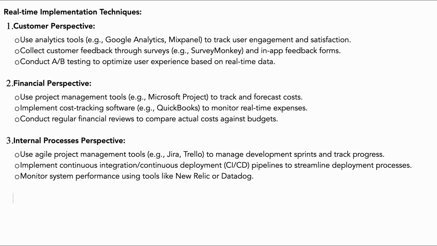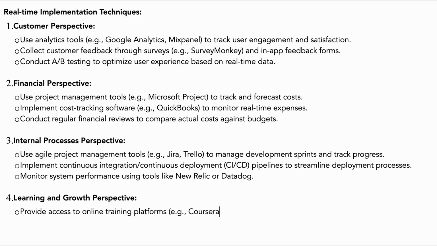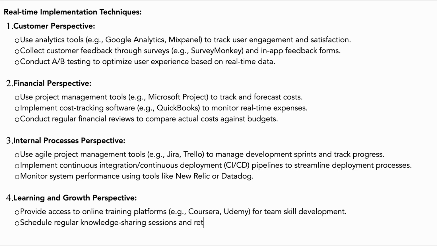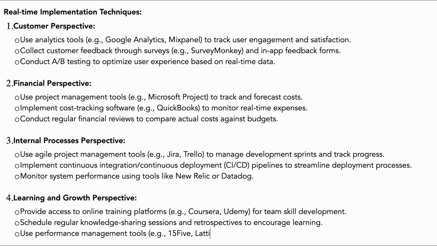Next, we look at the learning and growth perspective. Provide access to online training platforms like Coursera or Udemy for team skill development. It might be anything, but you need to give them the platform. Schedule regular knowledge sharing sessions and retrospectives to encourage learning. And the last one is to use a performance management tool like 15Five or Lattice to track individual team growth.